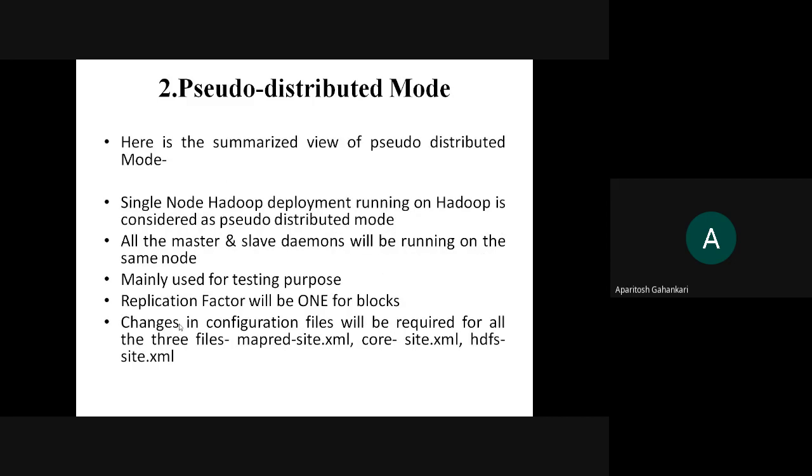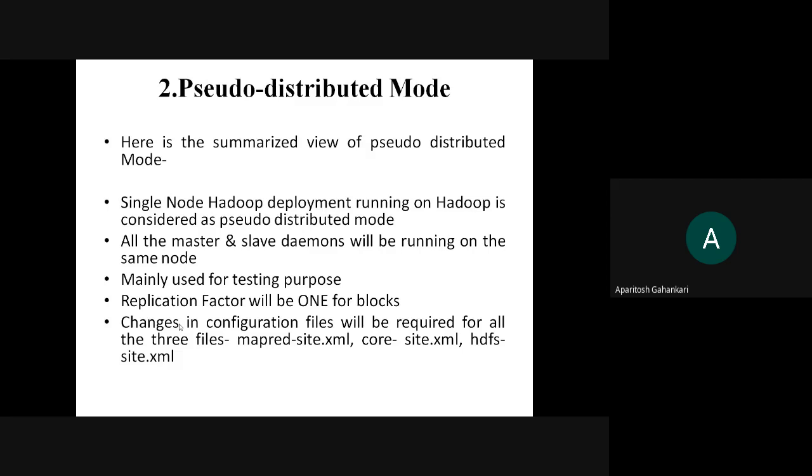Okay, so what are the advantages? Single node Hadoop deployment is considered to be the Hadoop pseudo distributed mode. All the master and slave daemons. Okay, so there will be one thread in the master mode and another thread in the slave mode, and they are running simultaneously on the single machine.